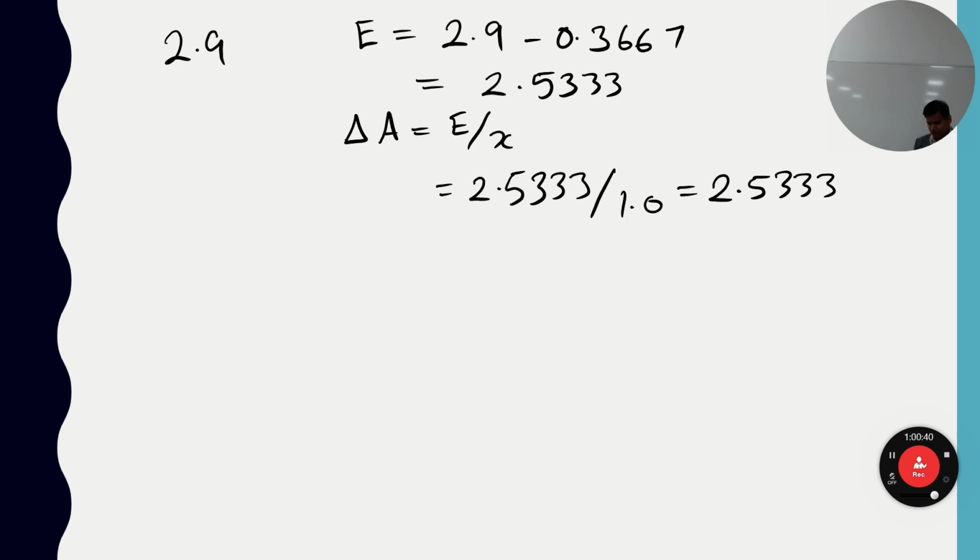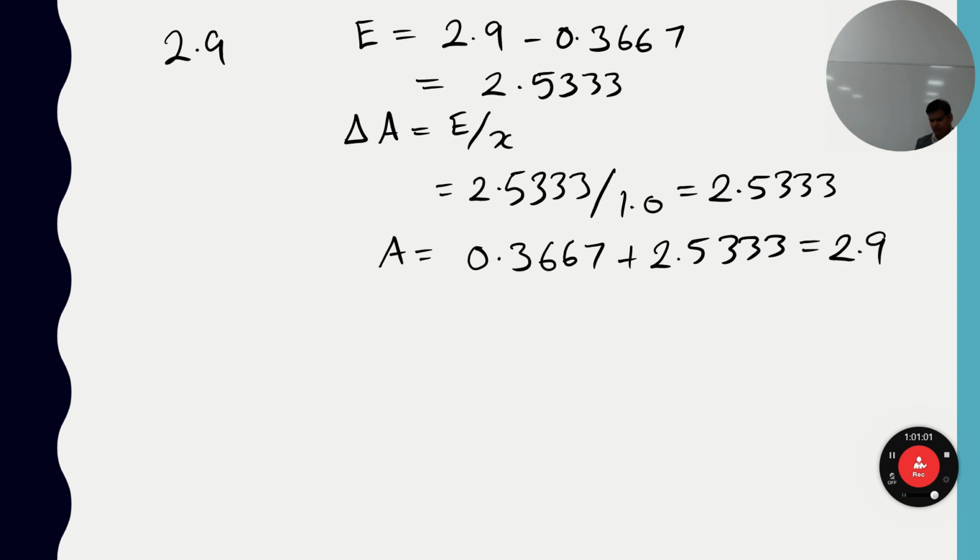So let's say a equals 0.3667 plus 2.5333. That is almost 2.9. So that means x equals 1.0, the function gives 2.9 as the answer.